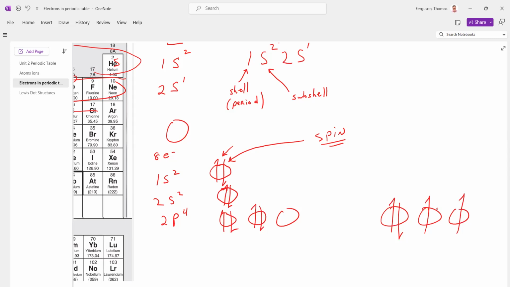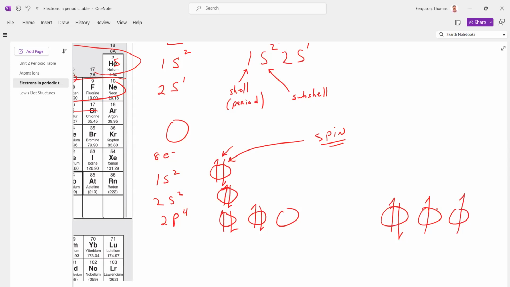Okay, nature likes symmetry for stability reasons. Which do you think is more symmetrical, the left one or the right one? This one is sort of lopsided, or this one's more spread out. Now remember, electrons are the same charge, so they like to be as far apart as possible because they repel.